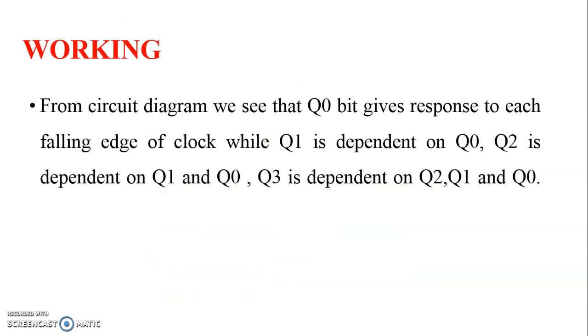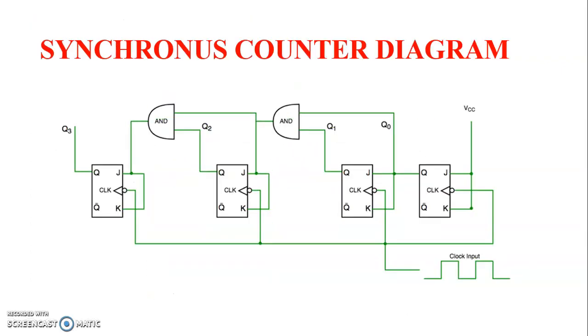Working of this: from the timing diagram, we can see that the Q0 bit responds to each falling edge of the clock, while Q1 is dependent on Q0. Q2 is dependent on both Q0 and Q1.